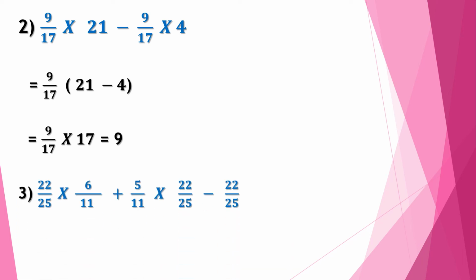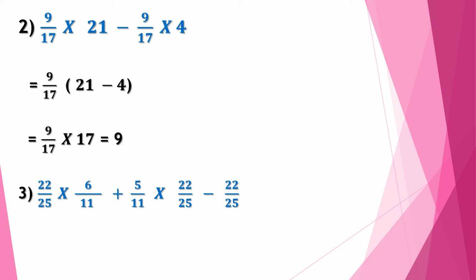22 over 25 times 6 over 11 plus 5 over 11 times 22 over 25 minus 22 over 25. The repeated number here in each term is 22 over 25.